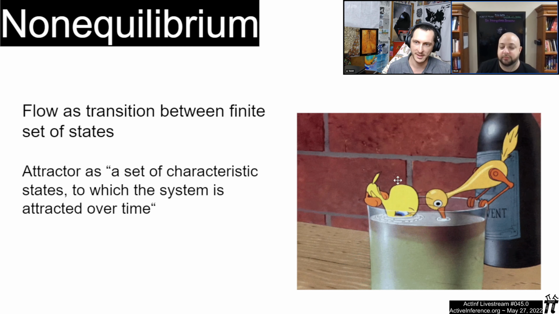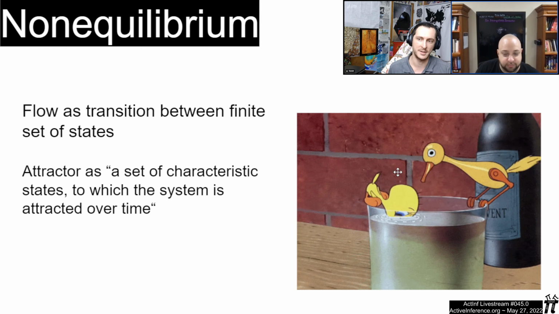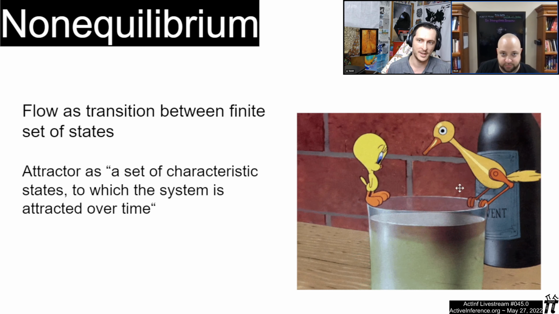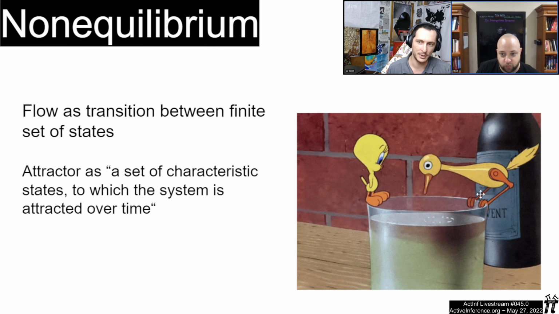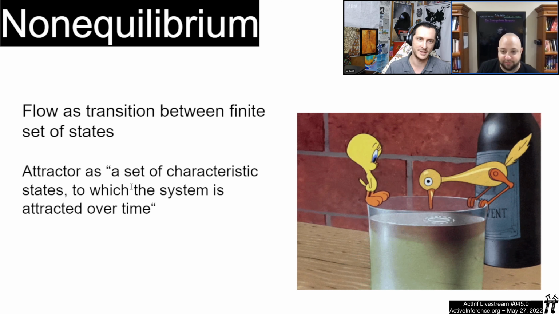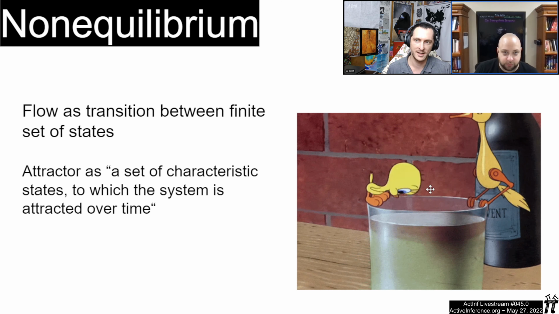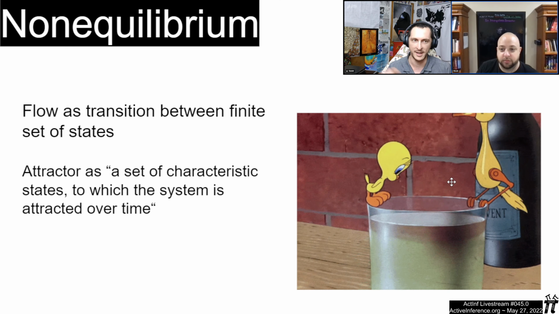And then looking at these two moving entities, it's kind of like two kinds of non-equilibrium. There's like the low bar non-equilibrium, this mechanical bird on the right side, the water dipper. And so it is returning to these characteristic states. It's not just staying in one location, it's returning to drink the water again and again.